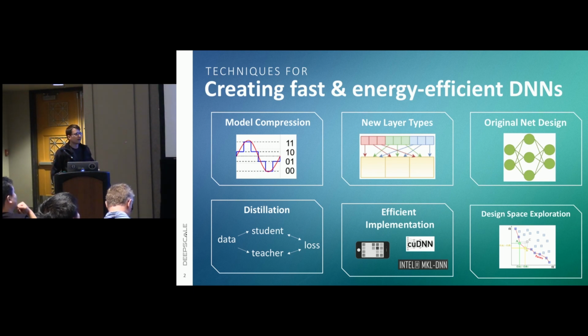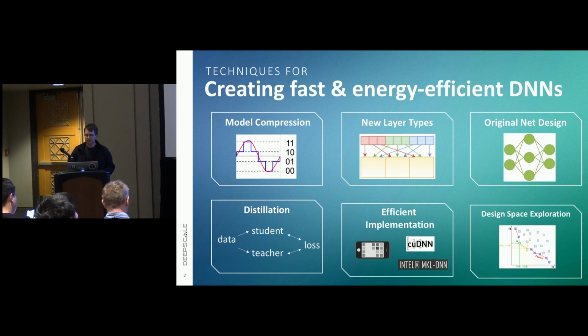I've found it can be quite valuable to go beyond what the popular hardware vendors like NVIDIA with cuDNN or Intel with MKL-DNN currently offer. Naturally, those libraries are growing, but you can implement particular computations more efficiently for your hardware. And then finally, on the bottom right, design space exploration is both within each of the other 5 boxes as well as across them.